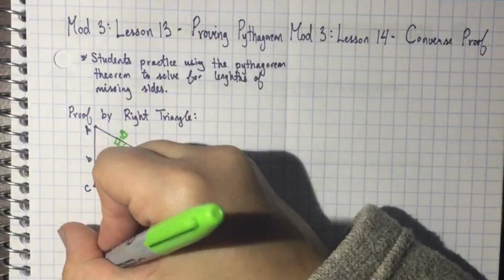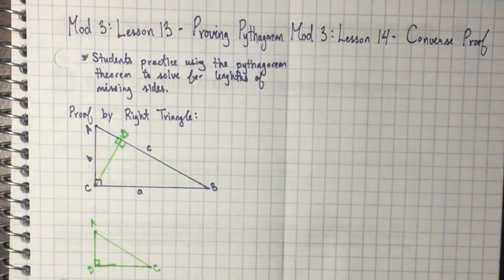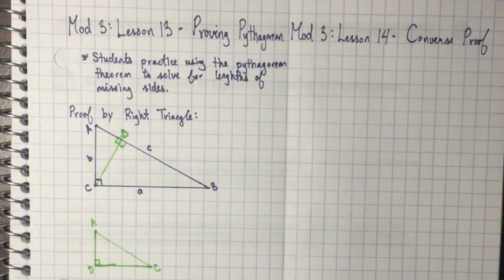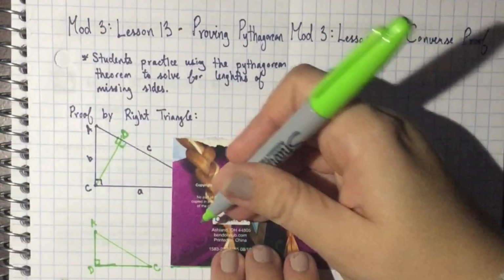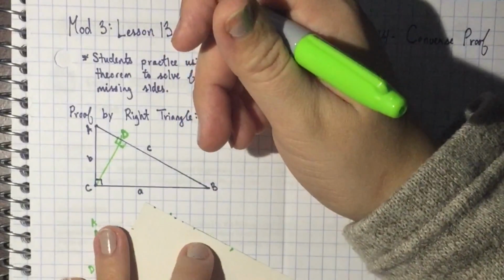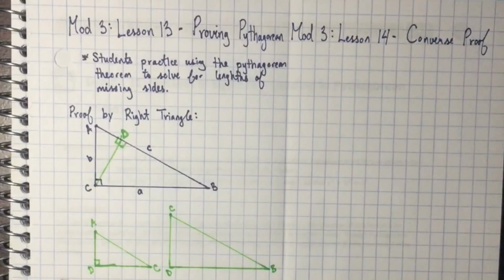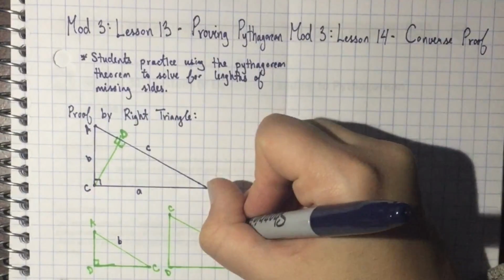The labels of this triangle are going to be ADC. Then I'm going to reproduce that medium right triangle, and this triangle is going to be triangle CDB. And then I'm going to label the side lengths that I know from my original image.